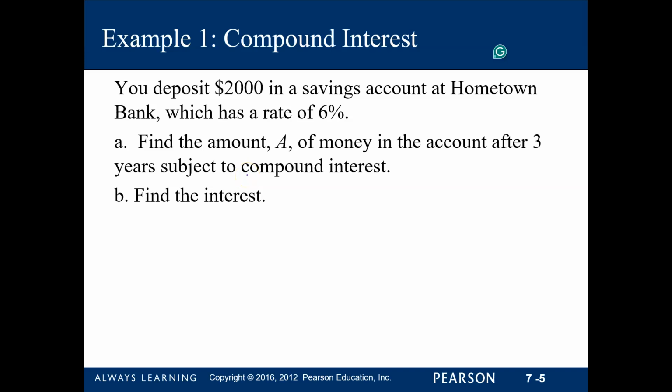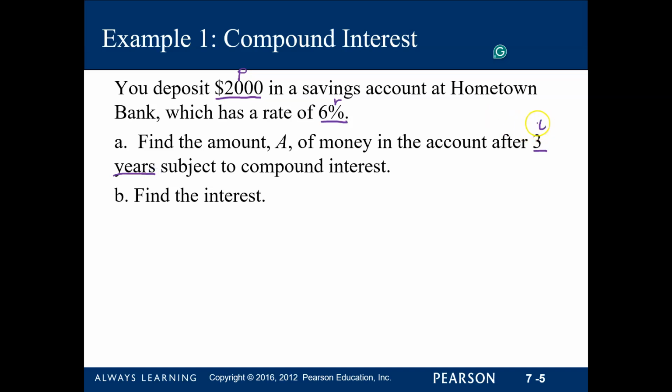Okay, so make sure that when you are reading your problem, you identify some key parts already. Your P is the deposit, so this is your P. Obviously, our R is the one with the percent, so this is the R. We are looking for A, and what is it subject? It's after 3 years.